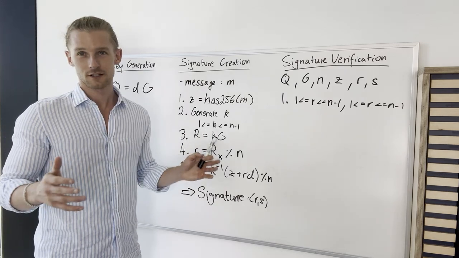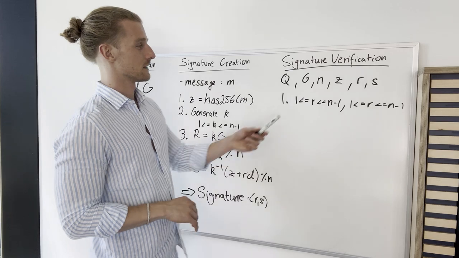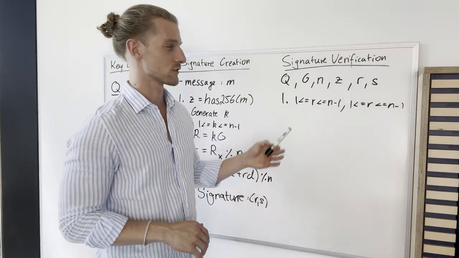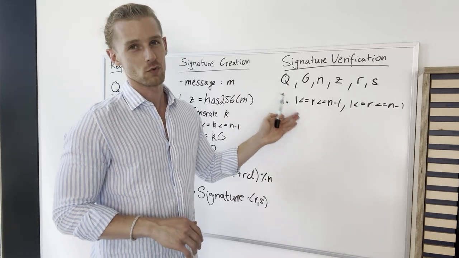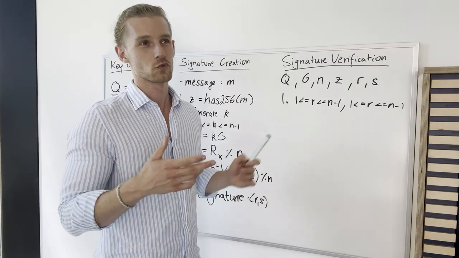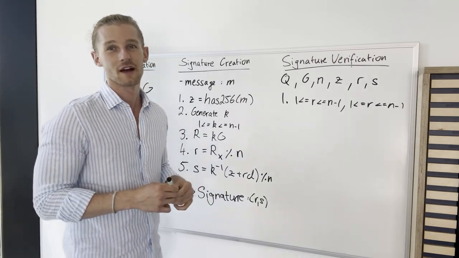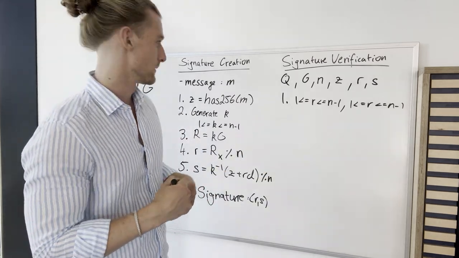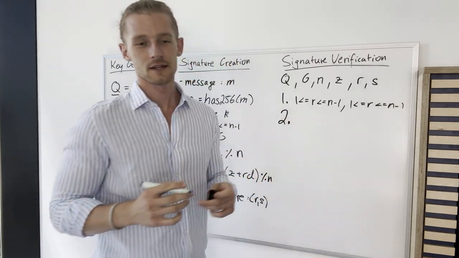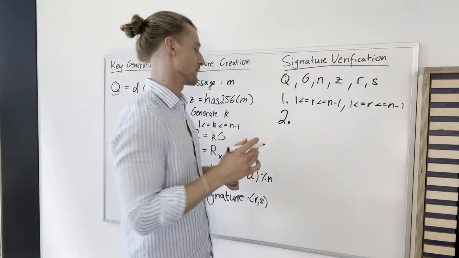So R and S can't be equal to 0. But then in the signature verification, that is actually the first step that we do, making sure that they actually fall within the range of values that we are allowed to have for any of the mathematics that we're doing here.